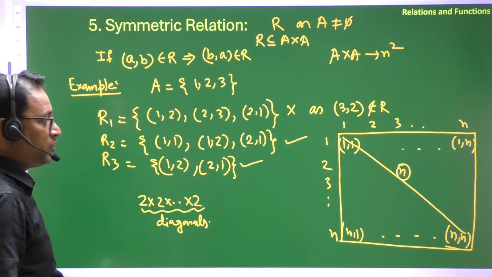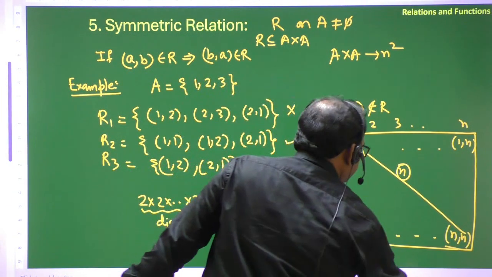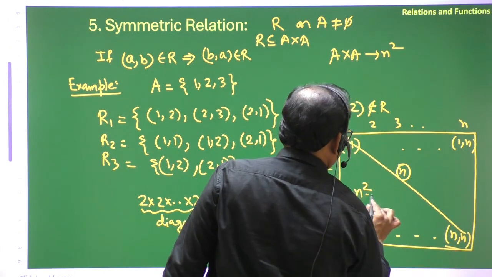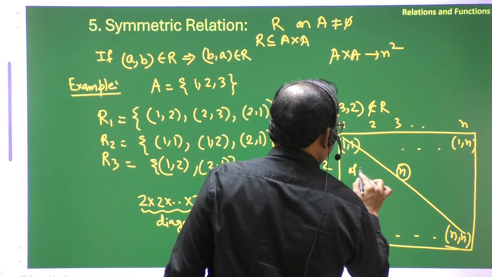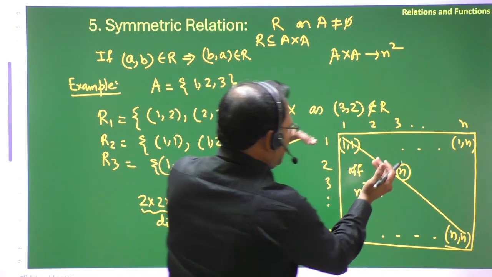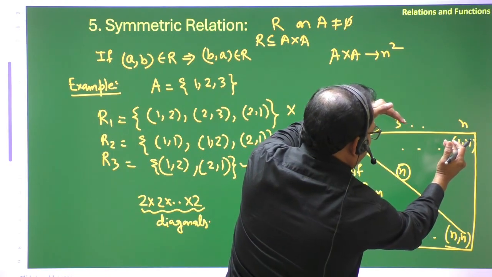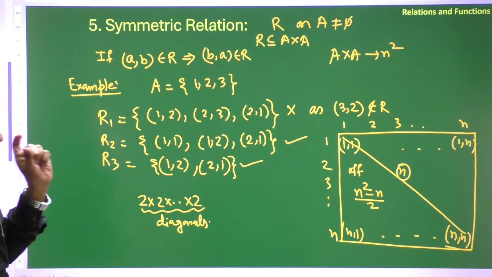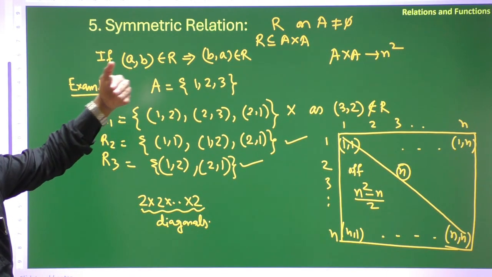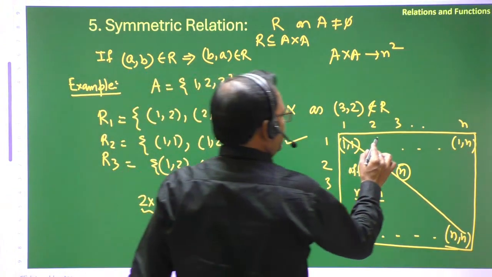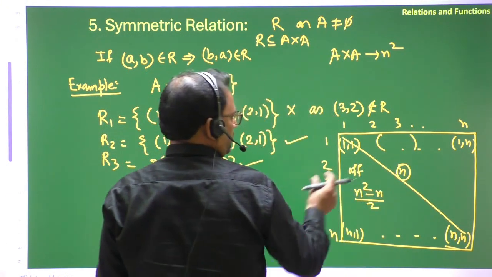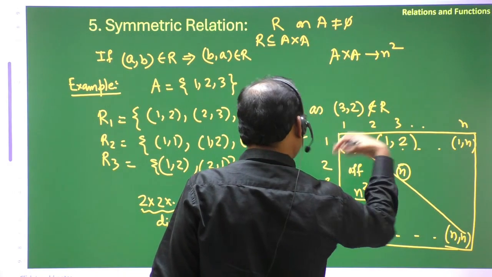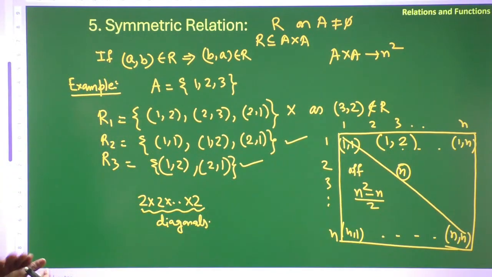Now what about the non-diagonal elements? The total number of elements in this matrix is n square, minus the n diagonal elements. So it is the off-diagonal elements. In the off-diagonal elements, half of the elements lie above the diagonal, half lie below the diagonal. Now for the elements above the diagonal, suppose you take (1, 2), then automatically (2, 1) will be selected for the symmetric relation.